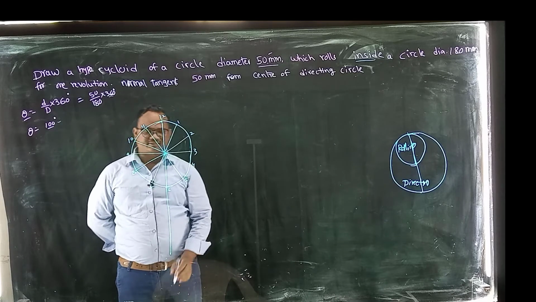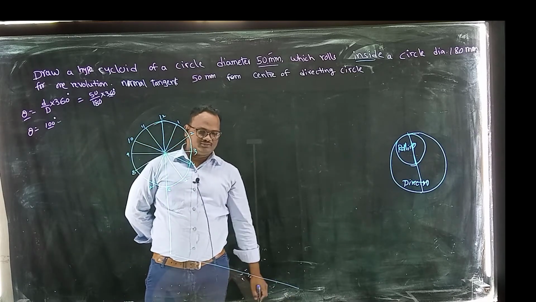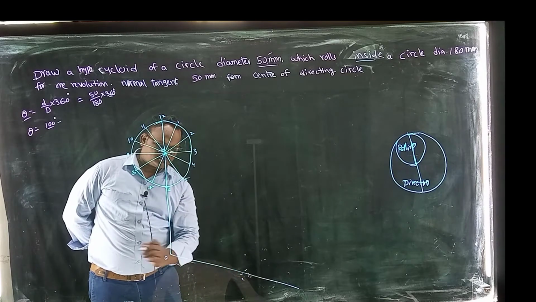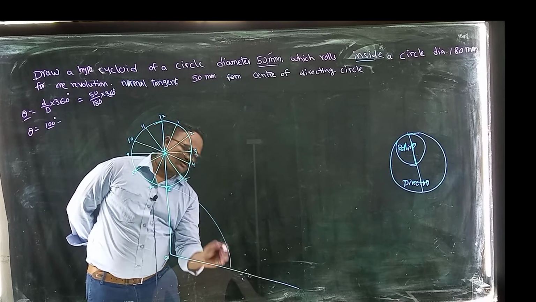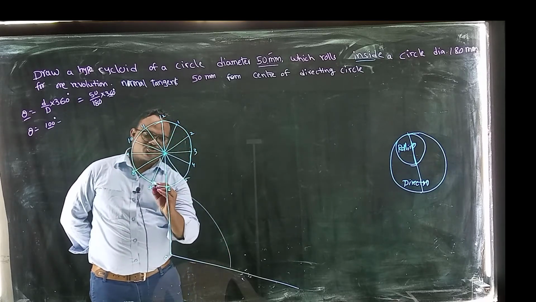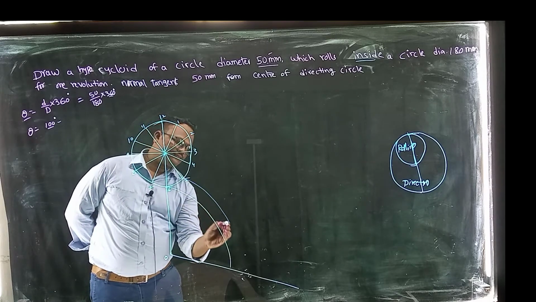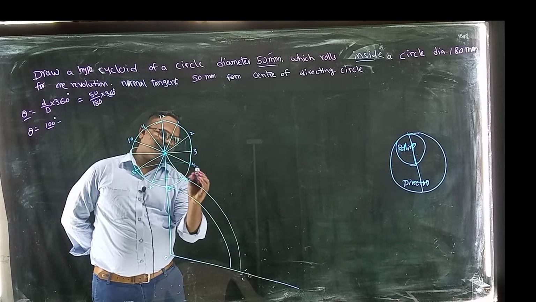Take 100 degrees here, and from here to this radius draw an arc. So these two will get in the same line.